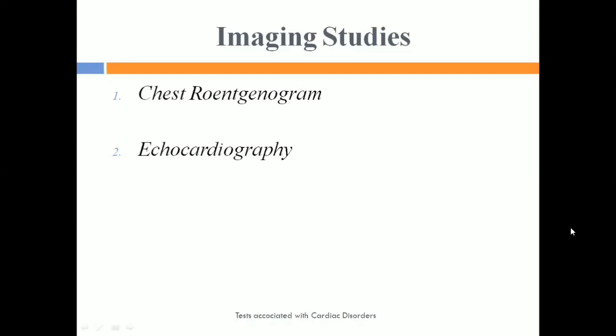You'll see that now, right? So in imaging studies, we have two things: chest roentgenogram and echocardiography. Chest roentgenogram is nothing but chest radiography or chest X-ray. Echocardiography: echo means sound, cardio means heart, and graphy means taking a graph of it.